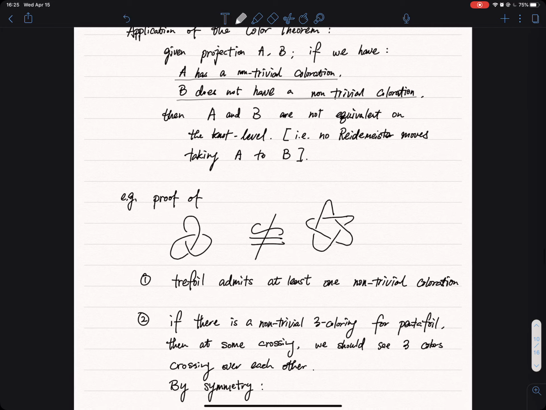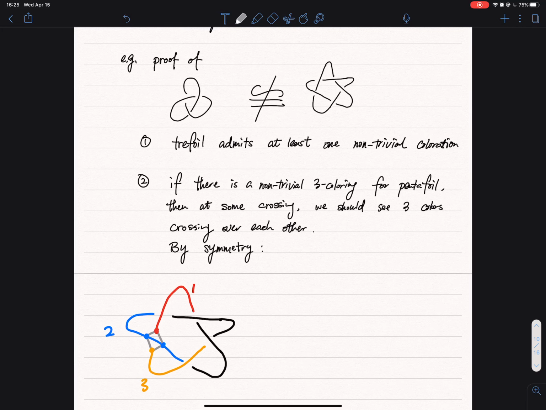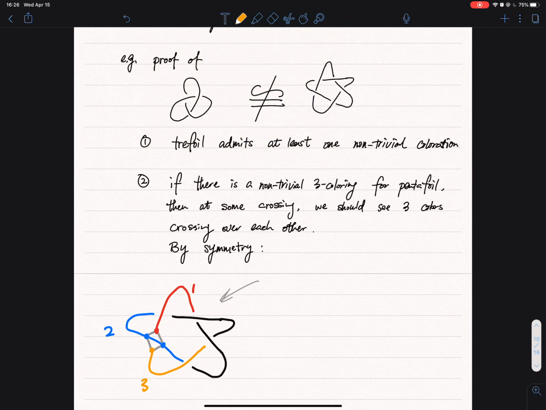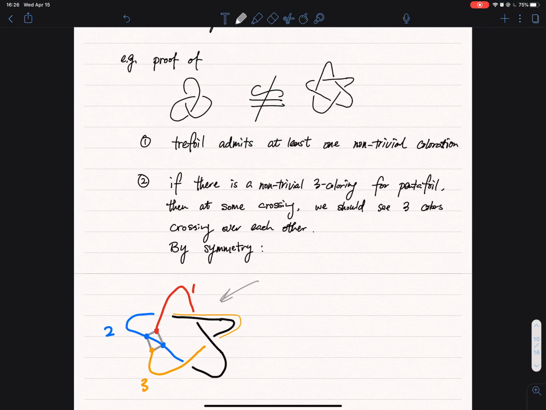Sorry about that. So for the proof, we can examine this pentafoil and ask, do you have any coloration at all? This must be true, because if we have more than one color, then they must meet at one point.